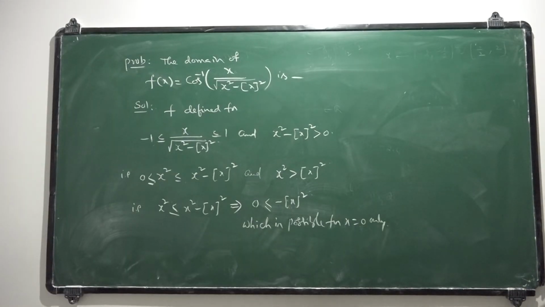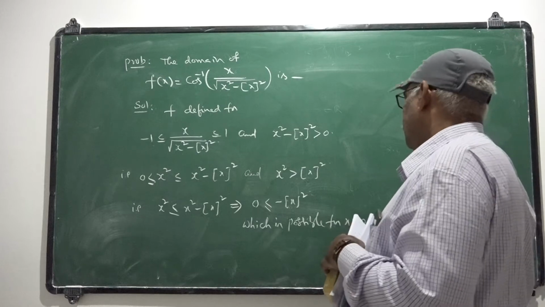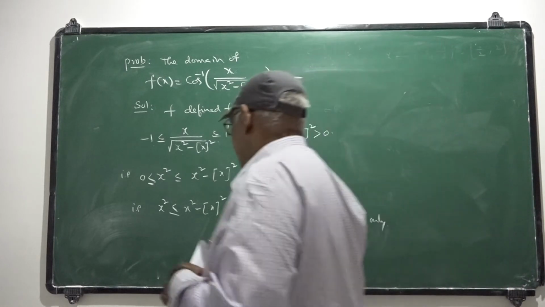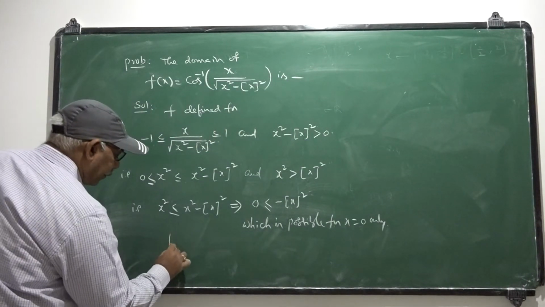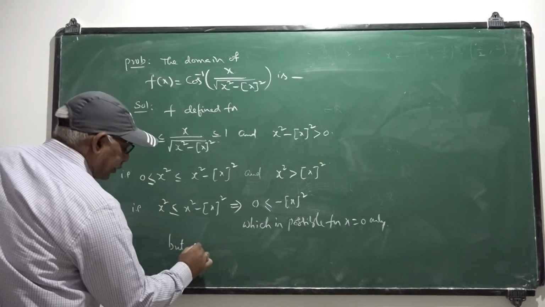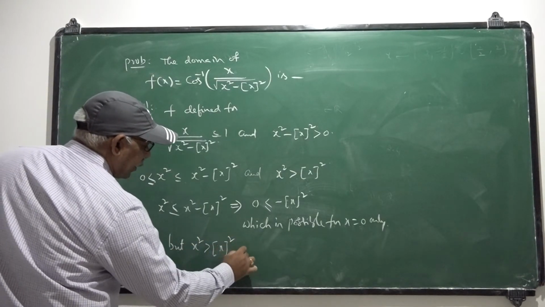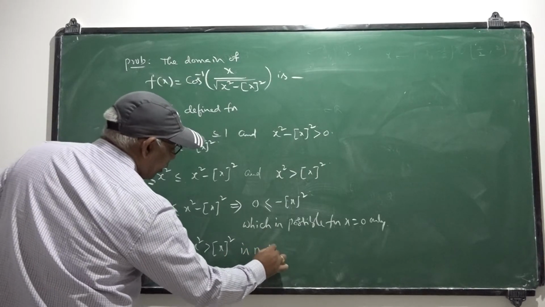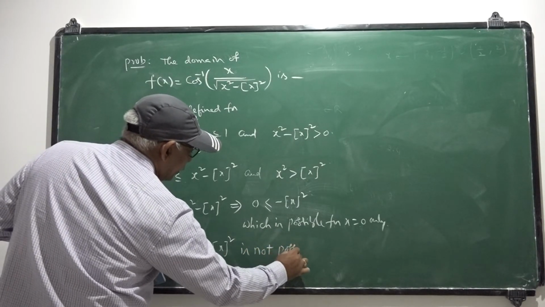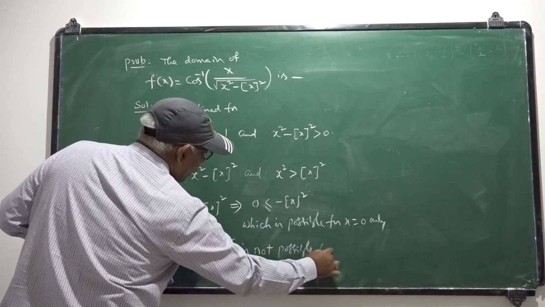So this is possible for x equal to 0 only, but x square greater than [x] whole square is not possible for x equal to 0.